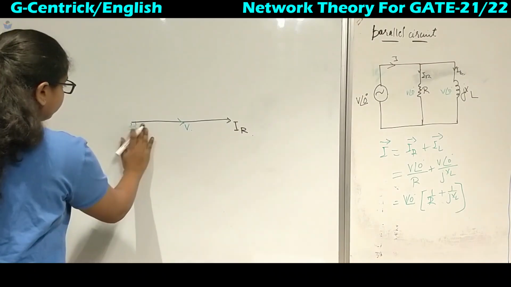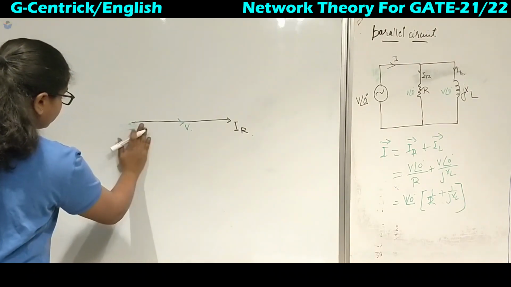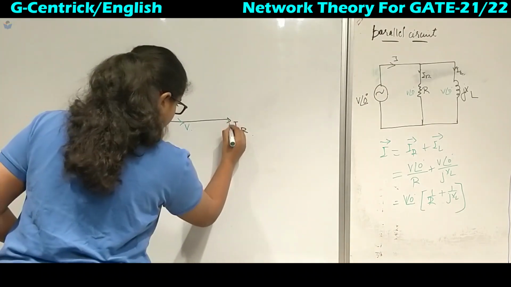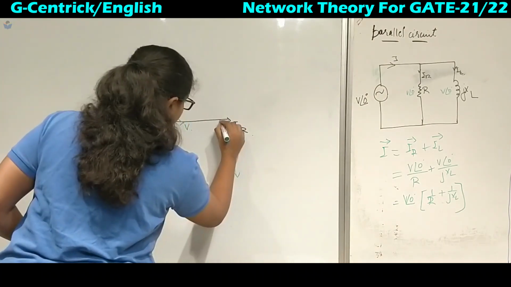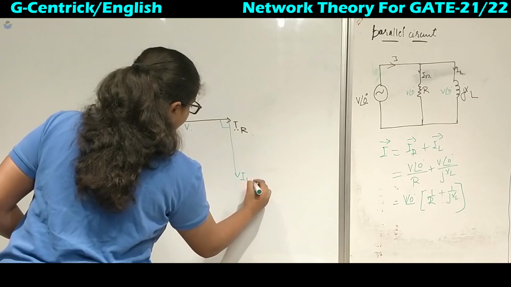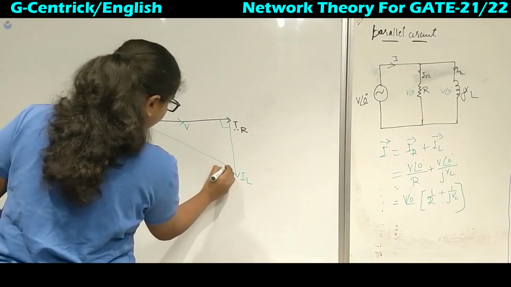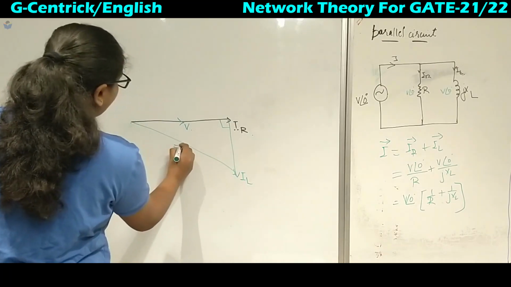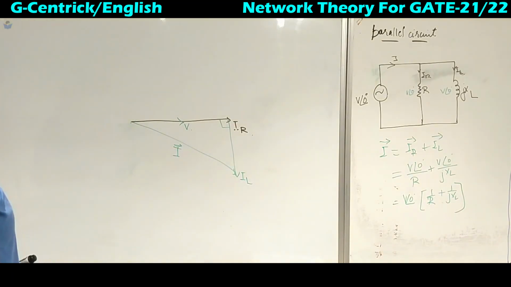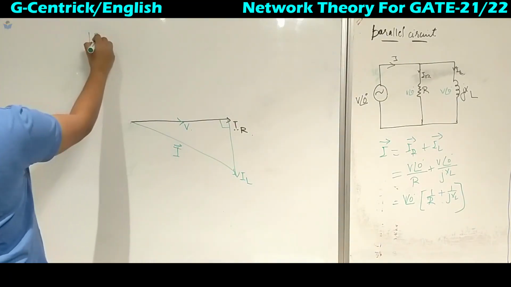But for the vector addition, what we will do? We will shift this phasor diagram over this side. So this is IL. So this one, what it will give me? Summation of I vector. So this magnitude of I, how can I write?